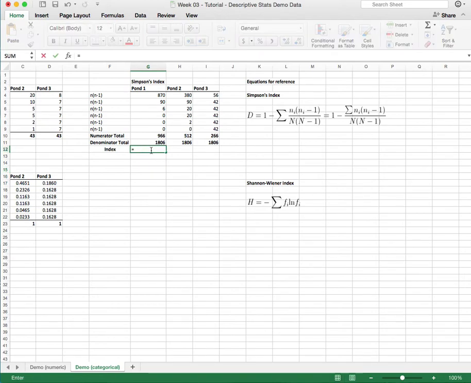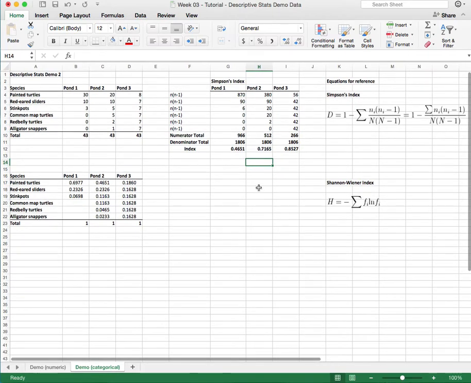So equals 1 minus, and then I'm going to use my parentheses again, numerator divided by denominator. Okay, and if we decrease our number of significant digits just a little bit to make that easier to deal with, we can copy that over to the side.